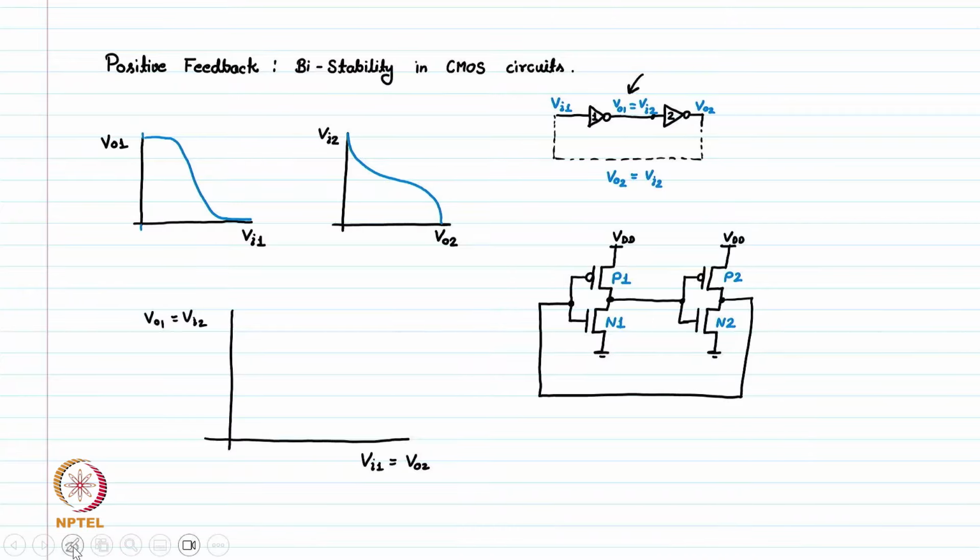So the graph looks something like this. This is the characteristic of the first one, and this is the characteristic of the second one.